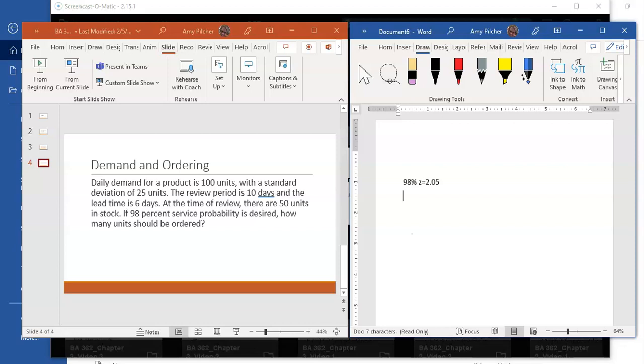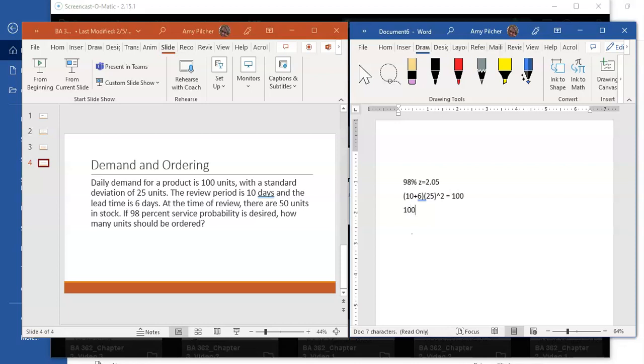Okay, so then we take our lead time plus our review period, so 10 plus 6. We take that times the standard deviation squared. So we need to square that. Then we put that into our previous equation.